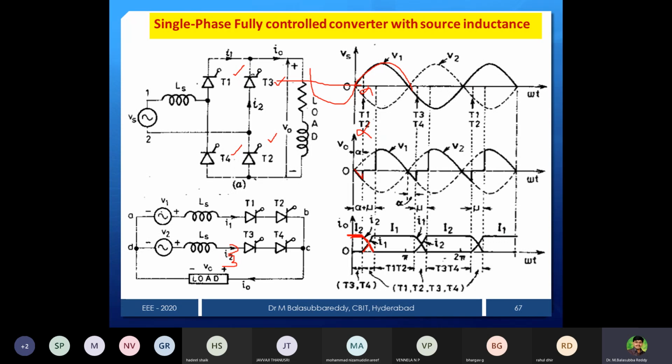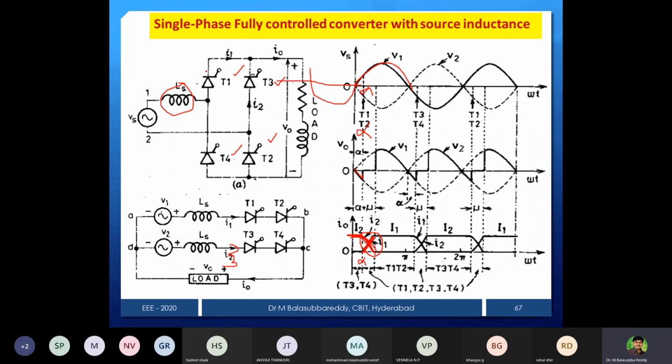At alpha, T3, T4 is not turned off completely because the source has some inductance, and instantaneous changes are not allowed. So this current gradually decreases and the T1, T2 current gradually increases.